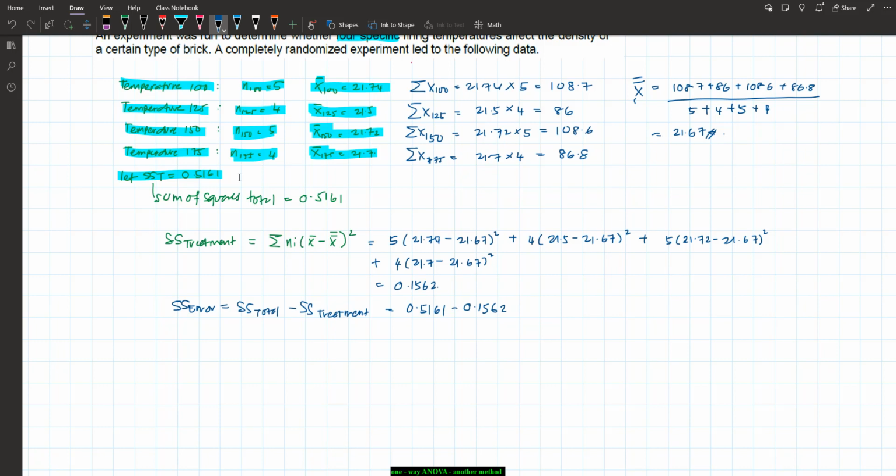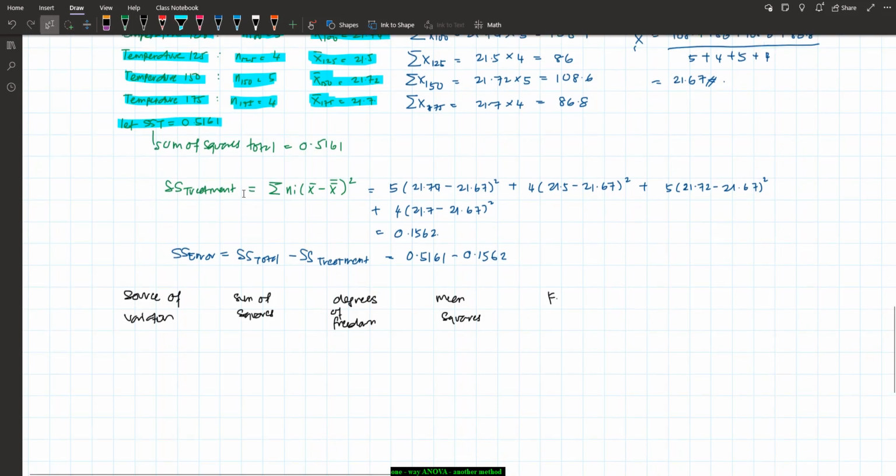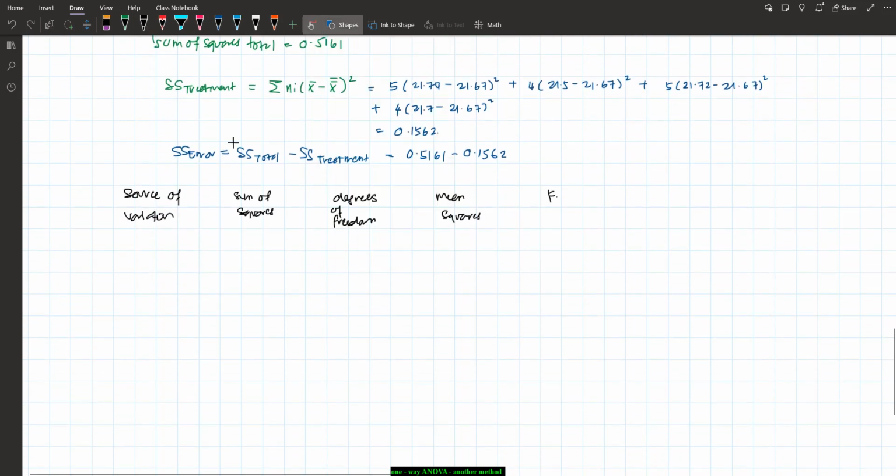The ANOVA table starts with source of variation, and then sum of square, degrees of freedom, mean square, and last is the F value. Let me draw the layout for the table.